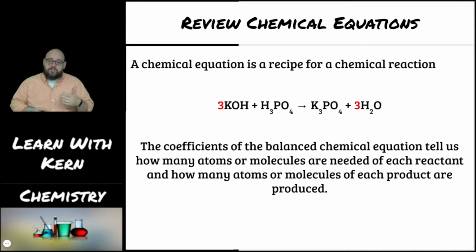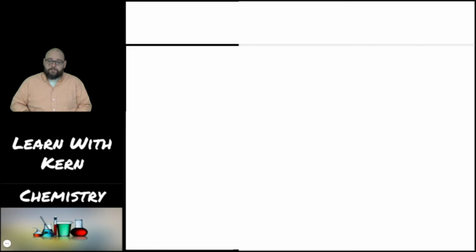So when you see this, you see that it takes 3 molecules of KOH and 1 molecule of H3PO4 to make 1 molecule of K3PO4 and 3 molecules of H2O. So it tells you how much you need and how much is made, and what you need and what is made. That it is a recipe for your chemical reaction.